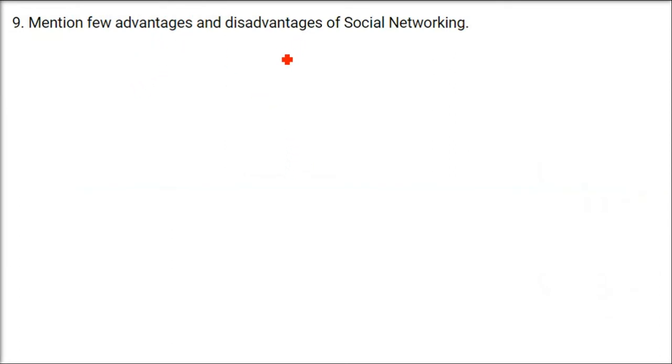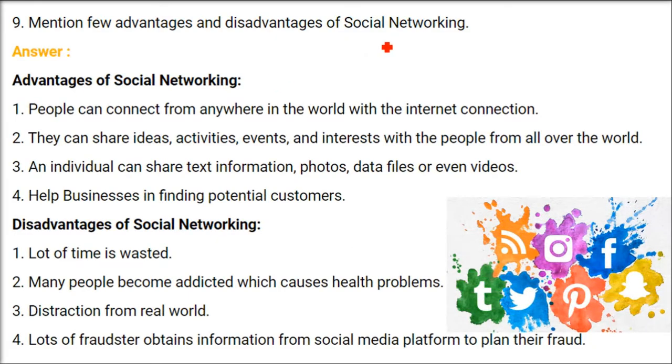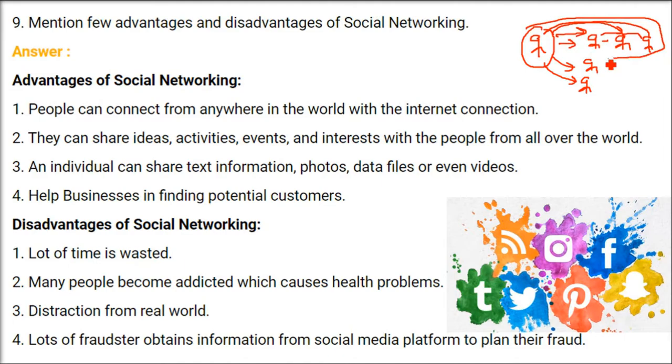Mention a few advantages and disadvantages of social networking. Now, social networking: man is a social animal. Whenever you go outside, you say, hey, hi, how are you? You will talk to everyone, say regards or hello. And if someone is your friend, you will stand and talk. When your friend's friend is also becoming your friend, there is a network proper.